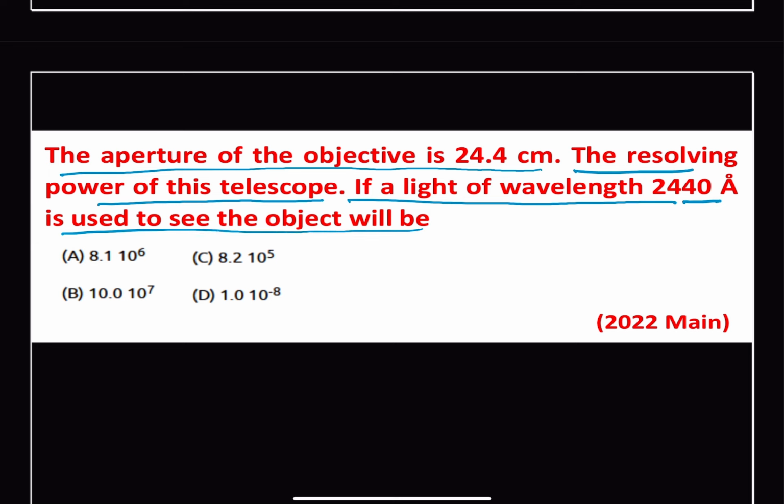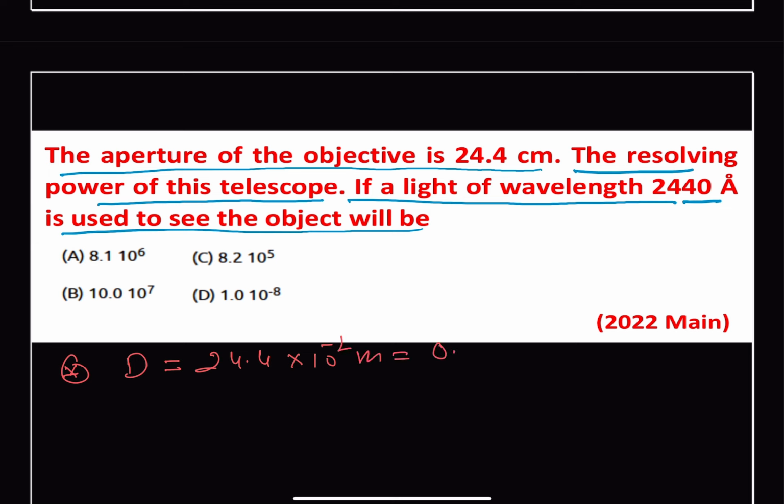So we have to find out the resolving power, and here we are given that the aperture is 24.4 centimeters. So the aperture, if represented as capital D, is 24.4, and we can write it as times 10 raised to power minus 2 meters.